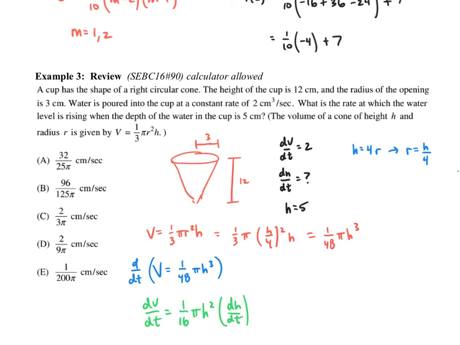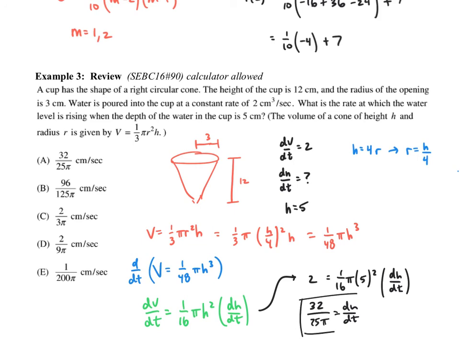Remember, dV/dt is 2, and h is 5, and dh/dt we're trying to figure out. If we move our values over by multiplication or division, we end up getting 32 divided by 25 pi, and that's going to be the rate of change of the height. That option is letter A. All right, that does it for optimization and section 4.6.